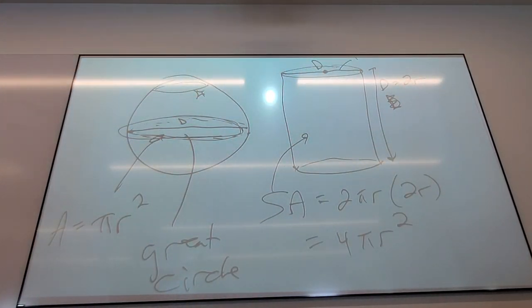So I could have drawn a great circle this way, yes? This way? I could have done it several different ways. So somehow, the surface area of the sphere is 4 times the area of a great circle, which is nifty. And again, normally it's just me that feels that way, but that's okay.